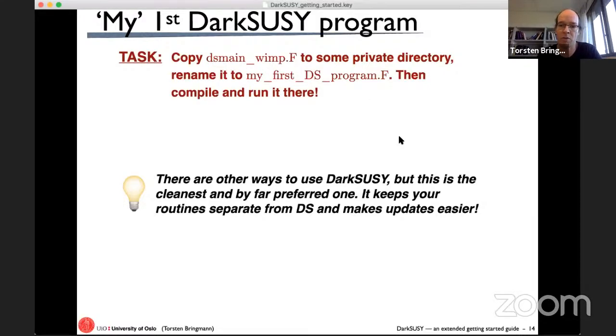The only thing that you need to do is to change the corresponding entries in the makefile for this to work. You just have to rename ds-main wimp to my first DarkSUSY program, and then it should work. I'll wait maybe 3 minutes, and then we can check the solution, because this is the basic step that we will always use also in all the hands-on examples later on.